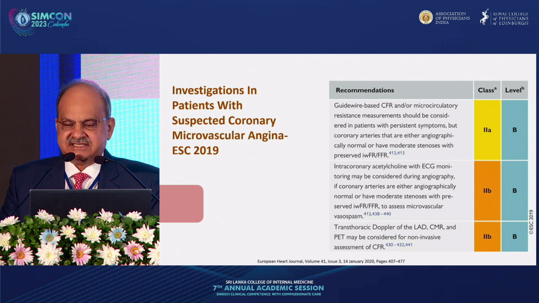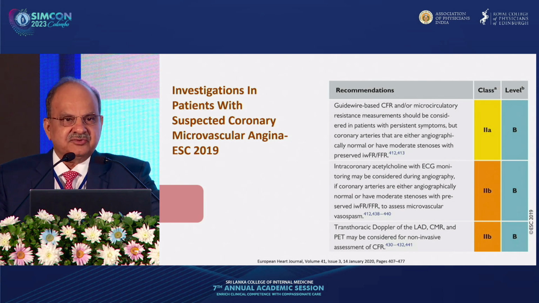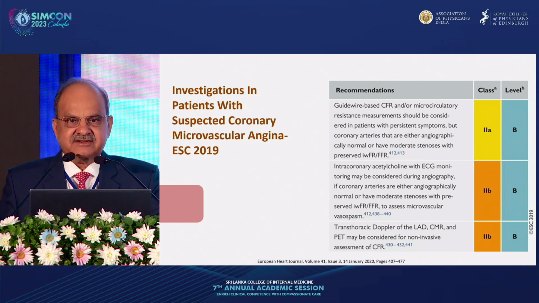The evidence is class 2A, level B. And intracoronary acetylcholine with ECG monitoring may be considered during angiography. But all these investigations are to be done in a specialized higher center where cardiac patients are looked after, and they are not to be done on an OPD basis in a small setup.